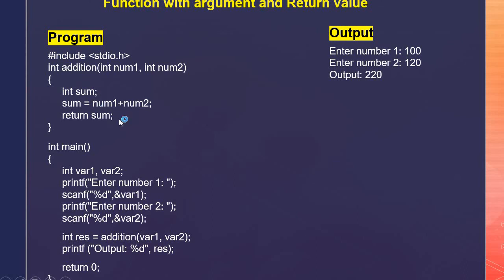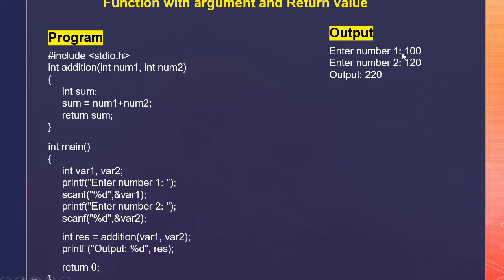Inside, we are adding and returning the sum value. The sum value should match the return type, and immediately it will get assigned to res, as we assign the calling area to a variable res. So res will receive the value sum, then I am printing the value.